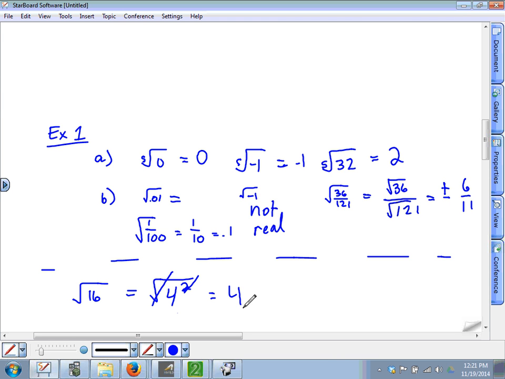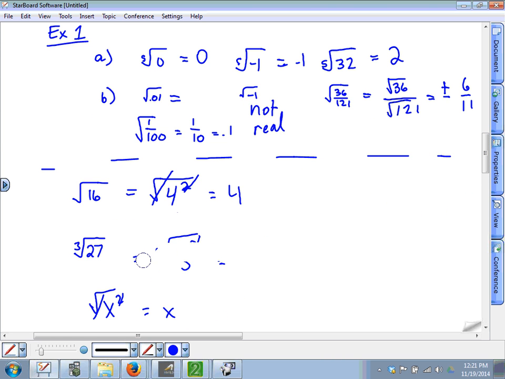That principle could also work with cube roots. What's a cube root the exact opposite of? A power of 3. So I want you to write cube root of 27, and then write something like what we just wrote with the square root. Rewrite it and then cancel some things out.